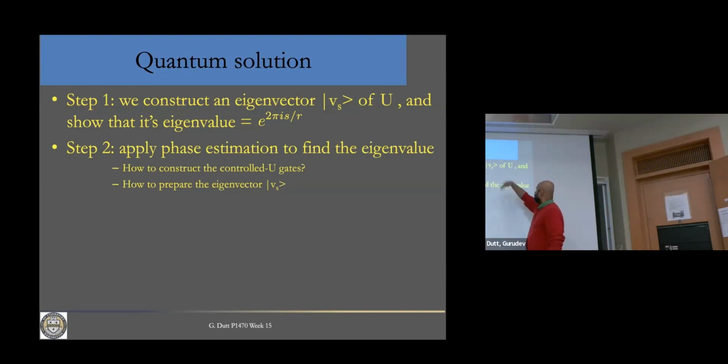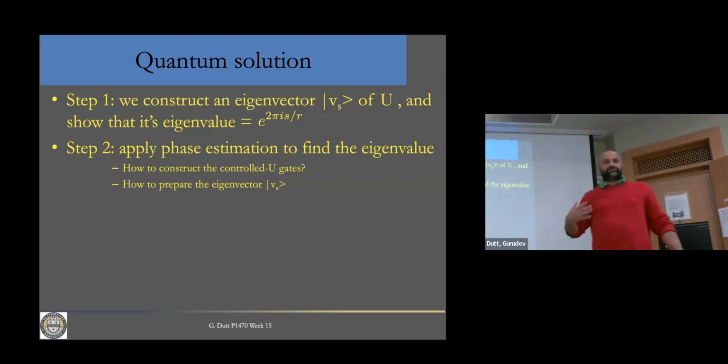Remember, phase estimation allows us to get an approximation to the eigenvalue. It gives you an m bit approximation to the eigenvalue s over r. The eigenvalue here, e to the 2 pi i, is obviously just constants. So really what we are looking for is some estimate of s divided by r. And the phase estimation circuit gives us an m bit approximation to that eigenvalue s over r.